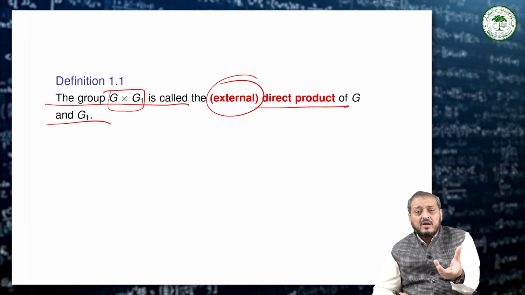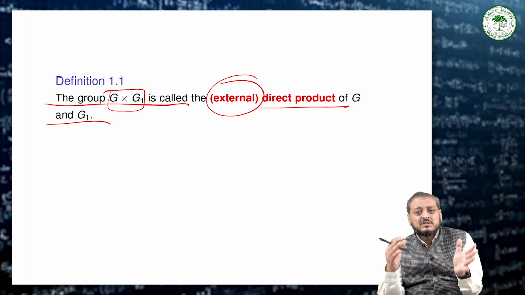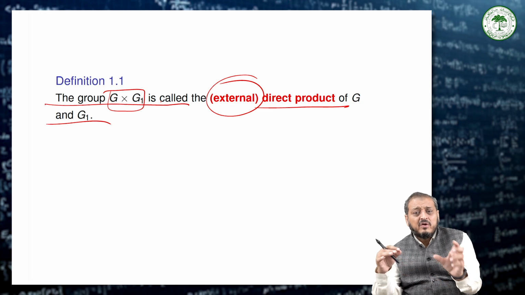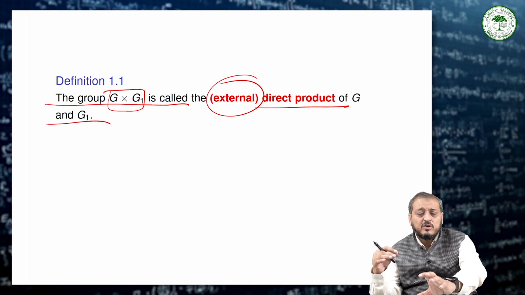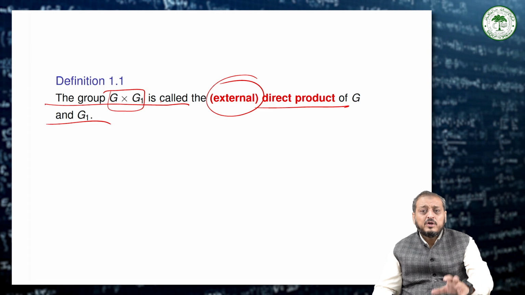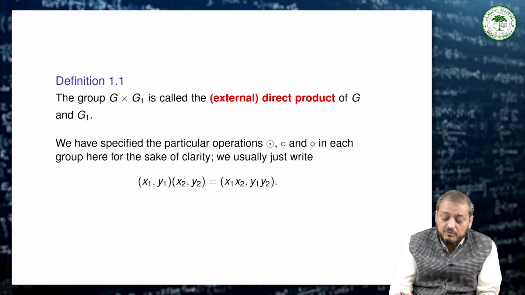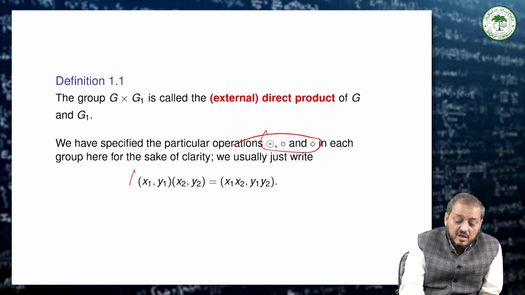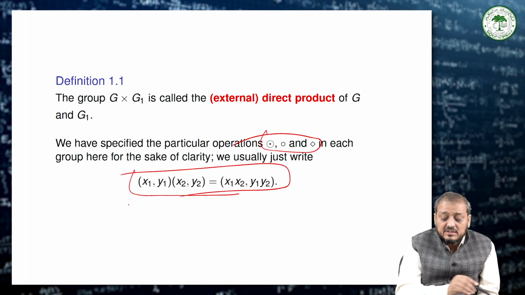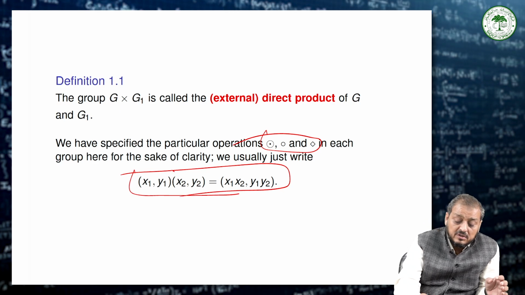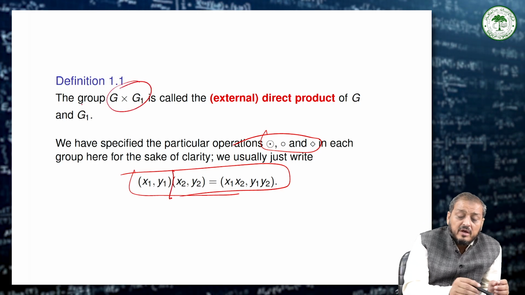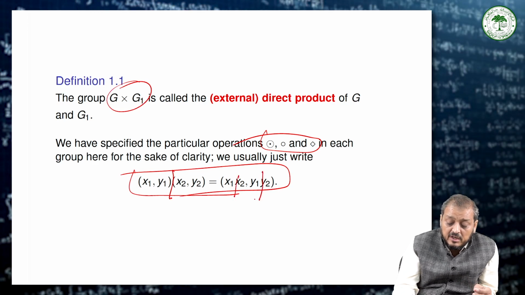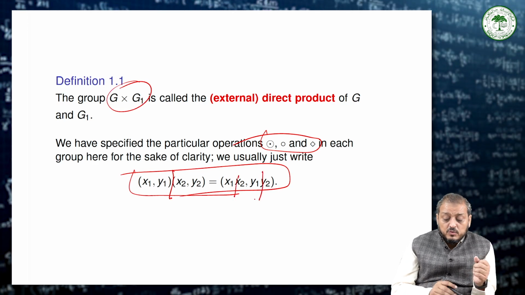Now we take three types of binary operation. One is defined as (x1, y1) composition (x2, y2), using the binary operation of G and the binary operation of G1. There is no need to write these three operations every time, so for clarity I just write it in this form. This means a binary operation on G cross G1, a binary operation on G, and a binary operation on G2.